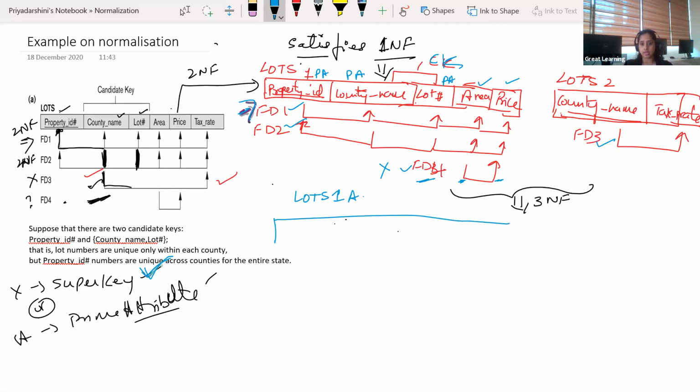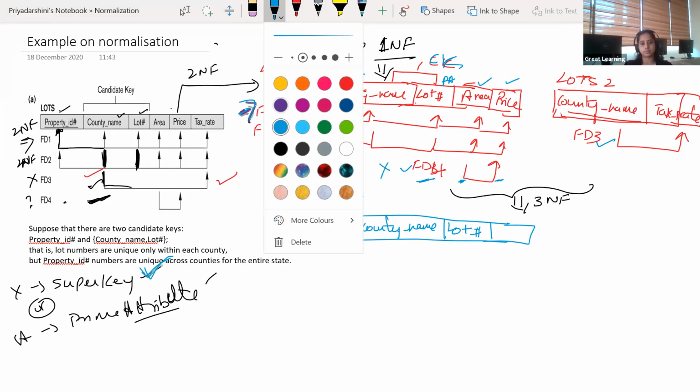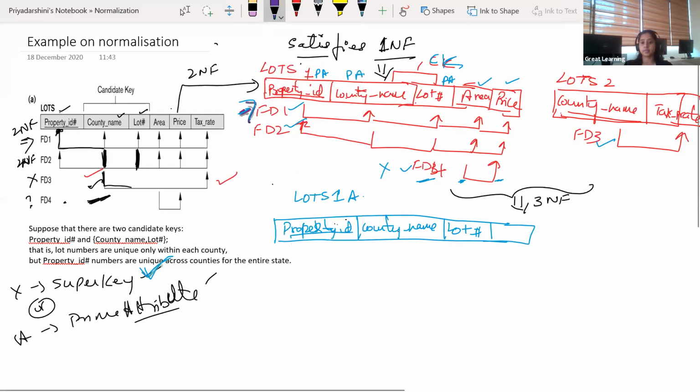Can anyone unmute and tell me what attributes I will have? Should I keep area or price in this table? Area, ma'am. Who's that? Nitish, ma'am.